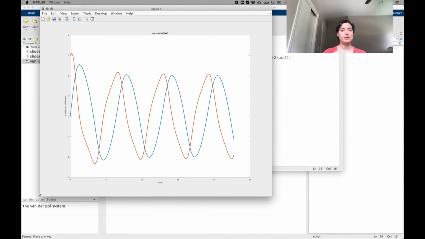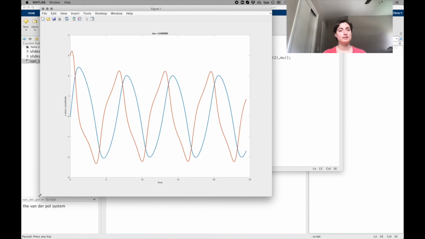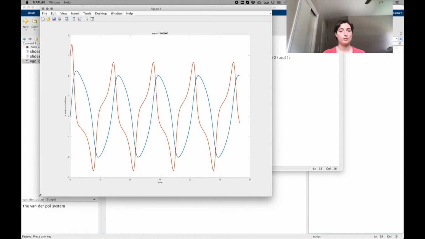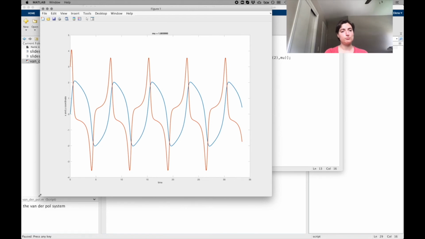Then I have increased mu a bit. You see that the red orbit is squiggling a bit, and then it deforms more and more. We notice more and more that we get to a periodic orbit extremely fast. In the first time, the first couple of oscillations were notably different. Here, the second and the third oscillation look exactly the same.